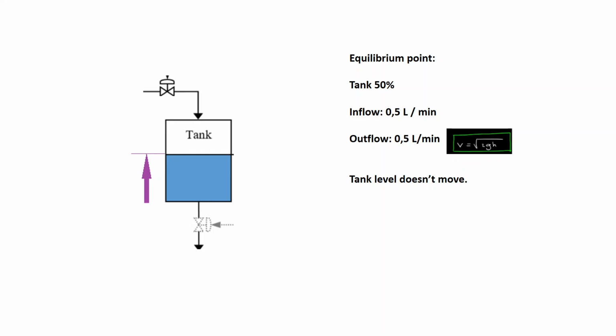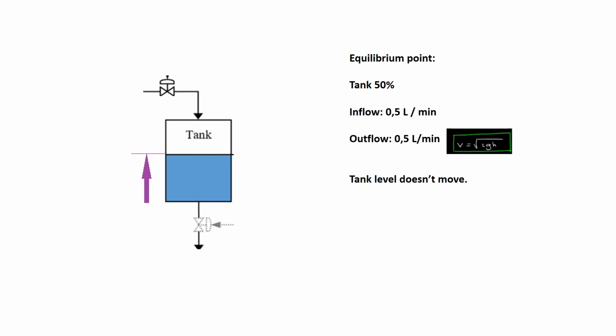For example, here I've shown in this picture, we can imagine a situation where we have the tank half filled, and then through the inflow, because we have regulated the valve, it's set at 0.5 liters per minute, and then the outflow is also 0.5. This is just physics.